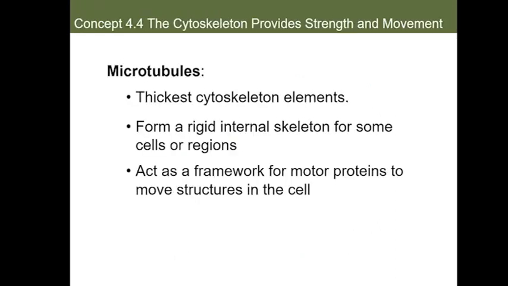So then we have our microtubules. These are the thickest cytoskeleton elements. They form a rigid internal skeleton for some cells or regions. They act as a framework for motor proteins to move structures in the cell. So these are like your steel beams. So your microtubules are like your steel beams where you're building your house, you put up a couple steel beams to support the big, nice, open concept people like.